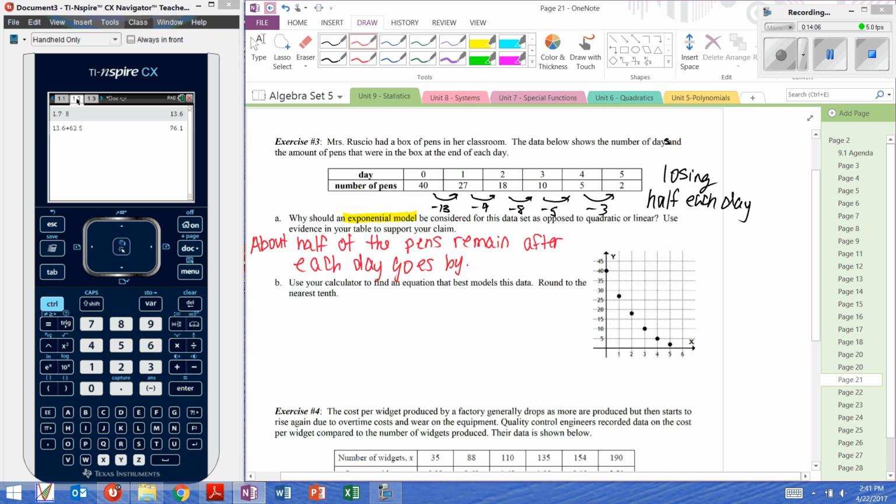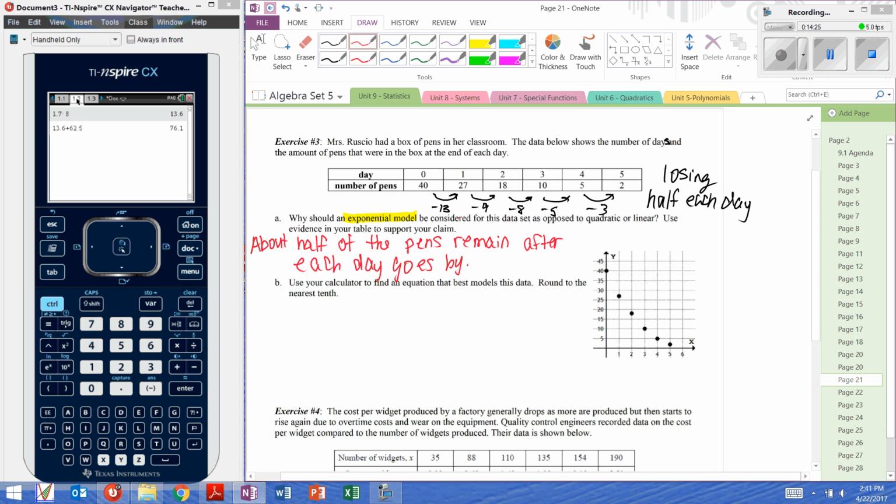If it were quadratic, we would have seen maybe a decrease and an increase of the data, or an increase and a decrease. And with a linear, we would have seen a constant increase or a constant decrease overall. All right, so B says use the calculator to find an equation that best models this data.